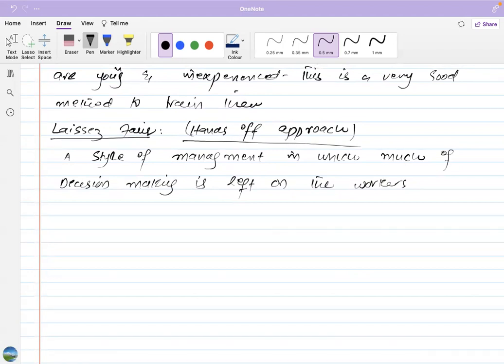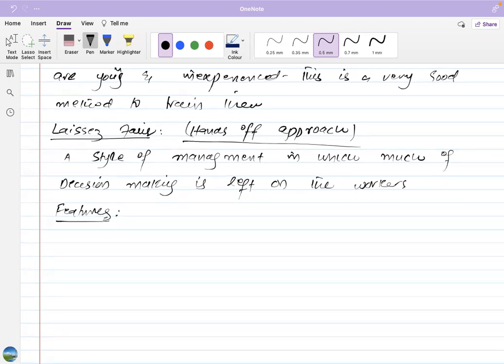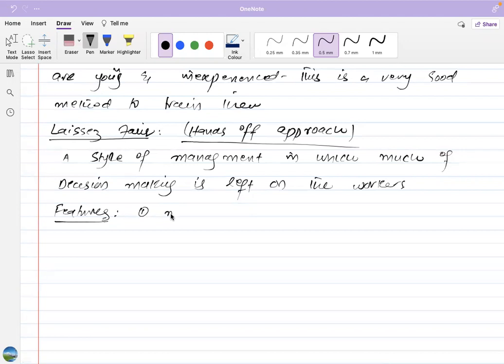We talk about the features of the laissez-faire style of management, in which management virtually delegates the whole decision-making process.